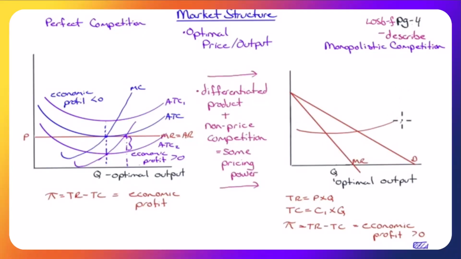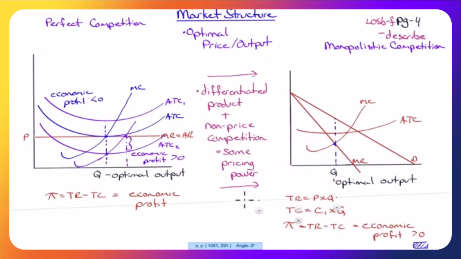So there is an average total cost curve, where's the minimum over here? And there's our marginal cost curve. And the optimal output is at the point where the marginal cost curve intersects the marginal revenue curve. So let's try to be neat about this, and we'll draw some straight lines if we can. And there is our optimal output at that point.